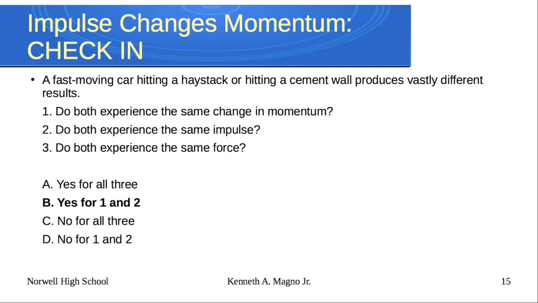The force, however, is different, because one has a larger time with a smaller force, and one has a smaller time with a bigger force. So you have either little F, big t, or big F, little t. It just depends whether you stop short or you stop over a longer period of time.